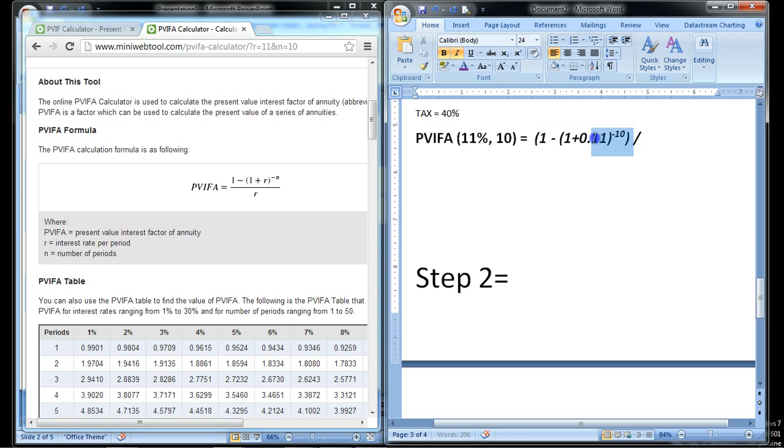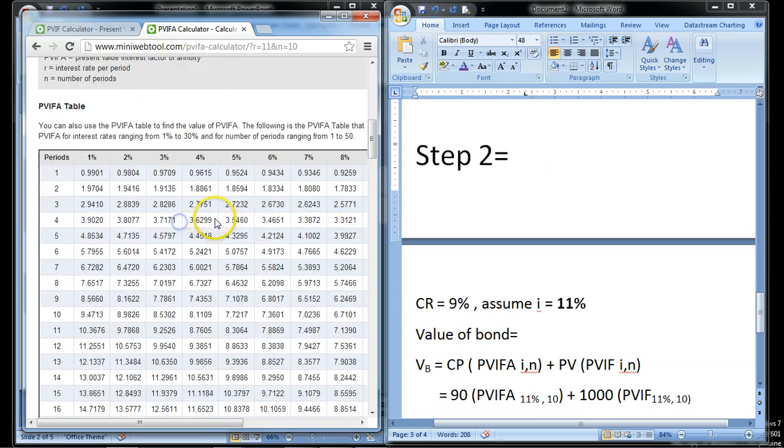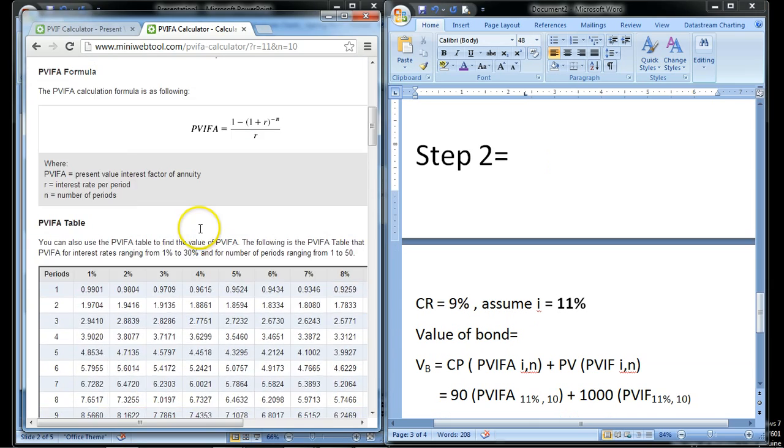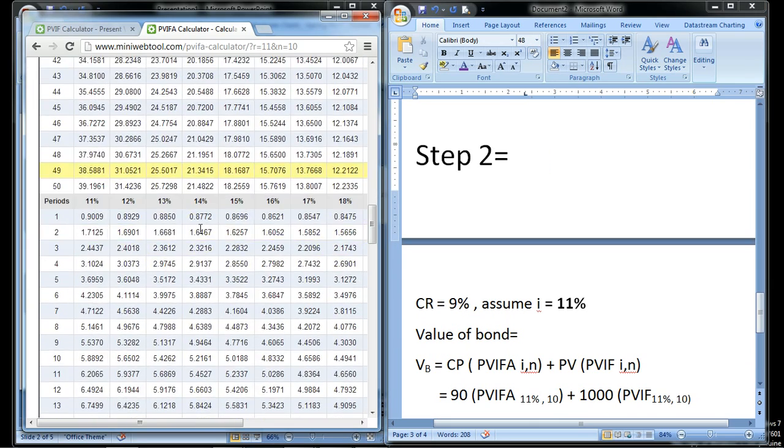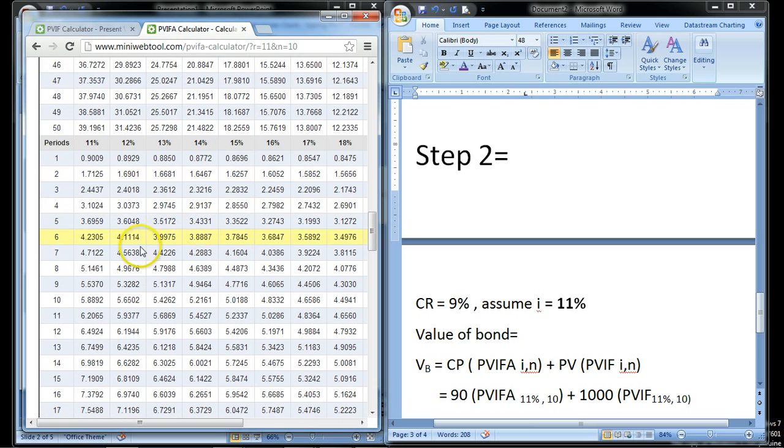Then you have to divide all this with your R. Please change it, 11%, right? So 0.11. Then you get, please use a calculator, the same answer as in the tables. Try to calculate, use your financial calculator or your scientific calculator, then you will get the same answer as in the table.